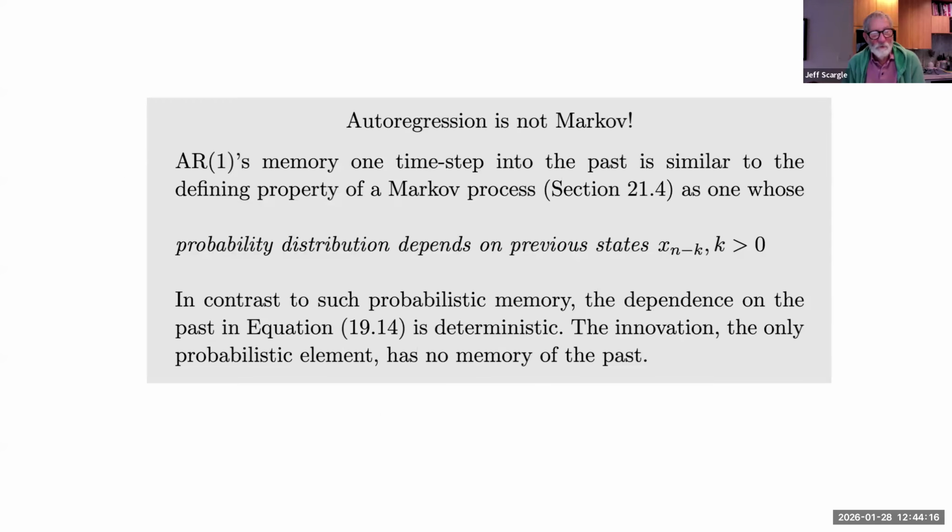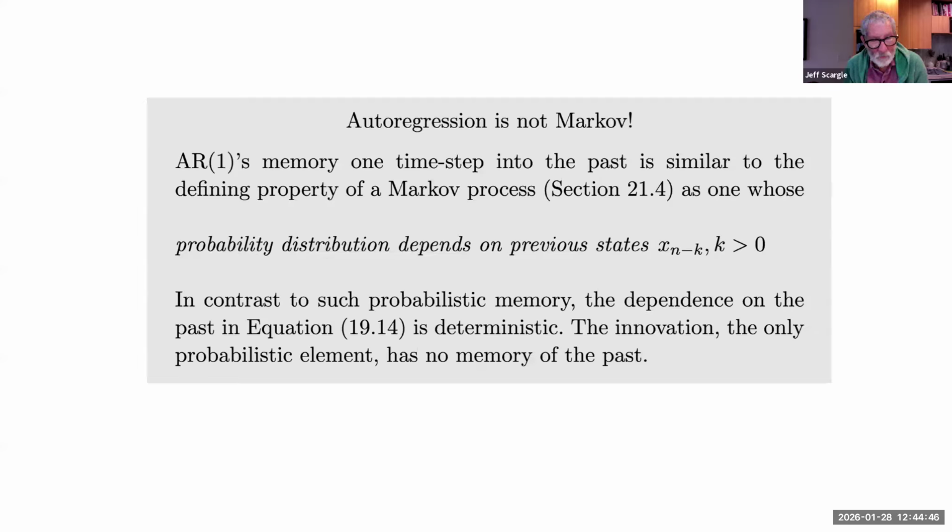Another thing I'd like to point out: people sometimes say autoregression is really a Markov process. Well, it's terminology, I guess, but traditionally a Markov process means that it's a probabilistic thing, that the current state depends on the previous state and not on any earlier states.